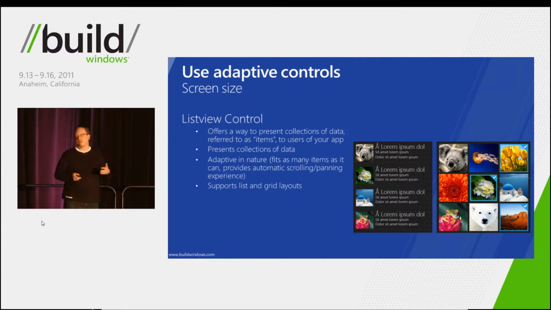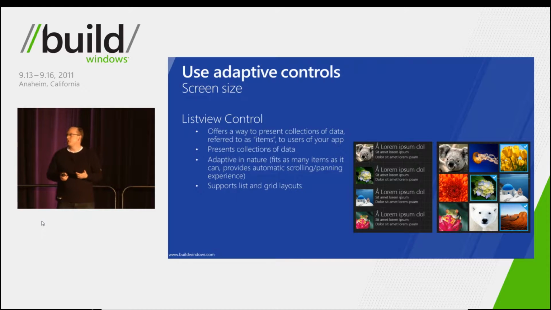For that, we have actually a great control in the platform. It is called the list view control. The list view control is adaptive in nature. That means it has a little layout manager built in which understands how much space it has in vertical and horizontal direction and will automatically bring in more items if there is more space.